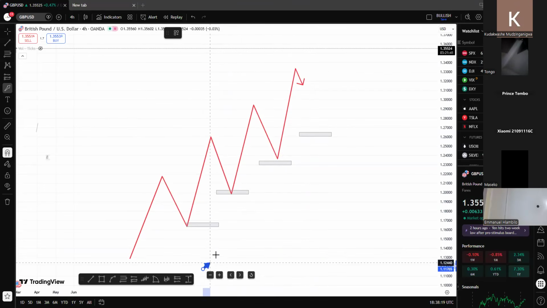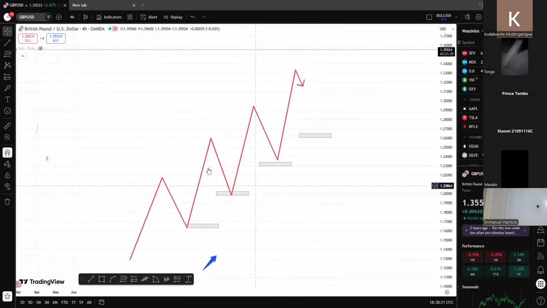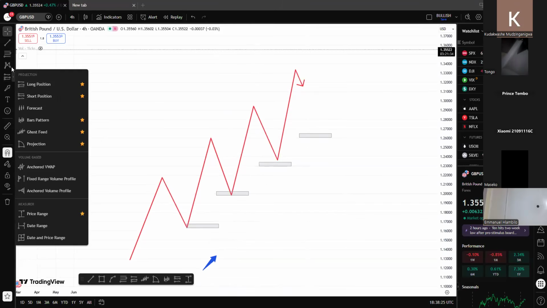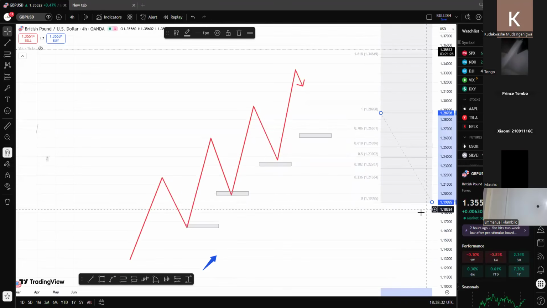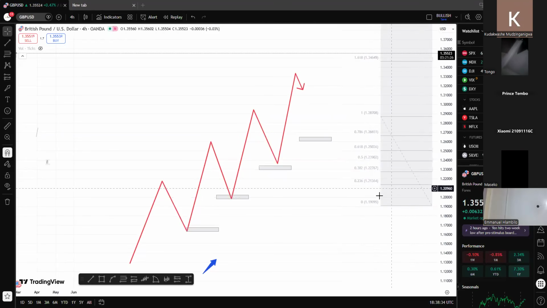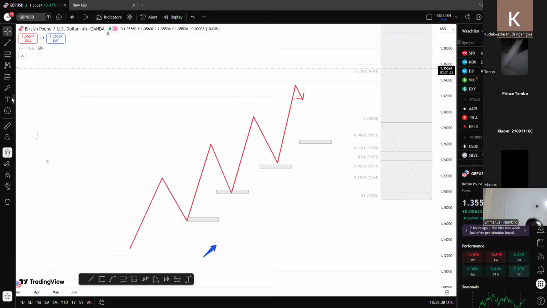This is where the Fibonacci comes into play. Let me show you how it looks. Our Fibonacci looks like this, right? I have done a little bit of customization on my Fibonacci, but what's important is what you're going to learn, and I'll show you with live examples from there, right?